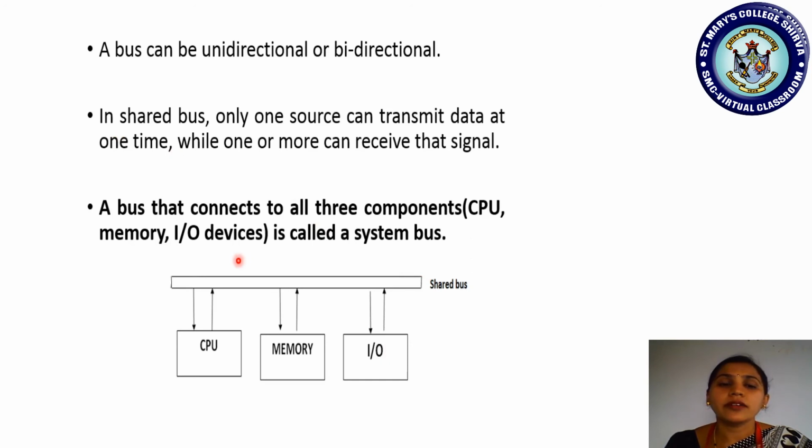And here this is a shared bus. In a shared bus, one source can transmit data at one time. See, when an input operation is happening, only then is the data transferred by the input unit device.